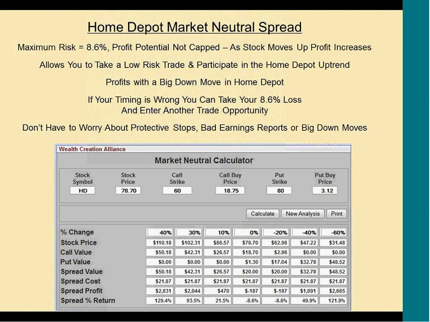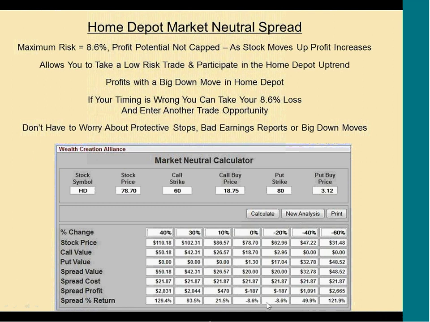So a move in the stock results in a 21% option profit, and a 30% increase in the stock results in a 93% return for the spread. So your profits are not capped as the stock moves up in price, but your loss is capped, and we can see that the maximum loss with the spread trade is 8.6%.